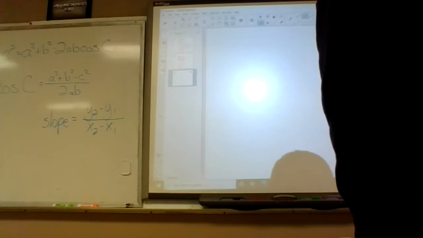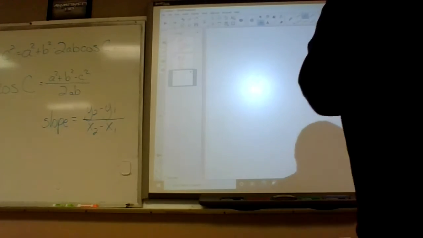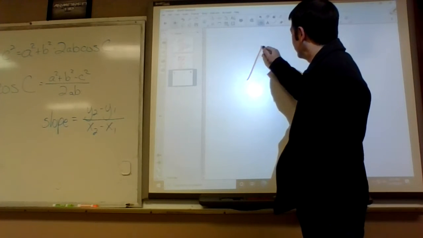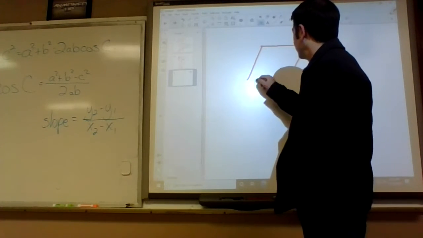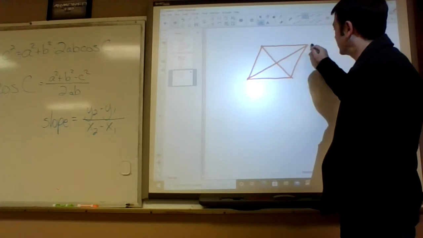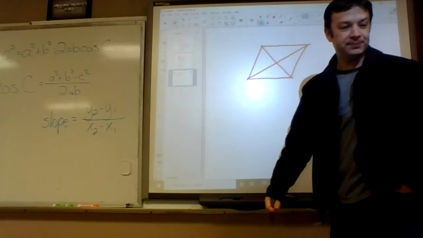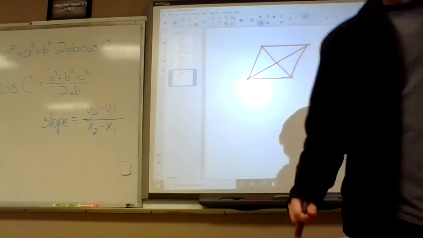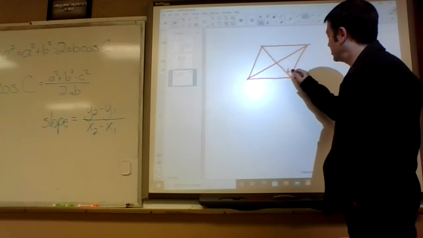Number 7, find the measure of each angle in the rhombus. What do we know about rhombi? Okay, it says 60. What do we know about a rhombus?